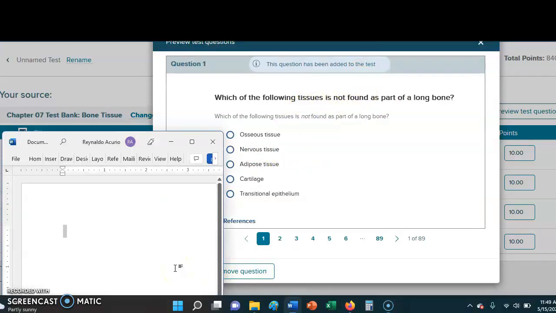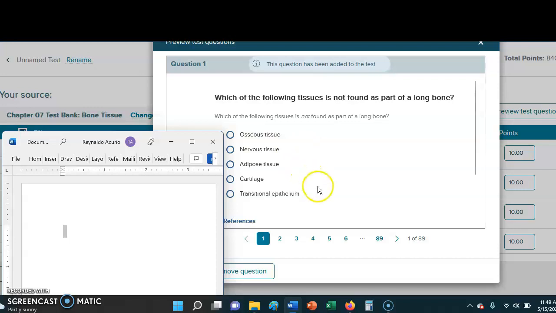And next question, which one of the following tissues is not found as part of a long bone? Okay, let's stop for 5 seconds. Okay, and we have in here long bone, and if it's a bone, then obviously it's going to have osseous tissue. Nervous tissue is also part of the bone. When we break our bones, it hurts because obviously there are nerves in there.